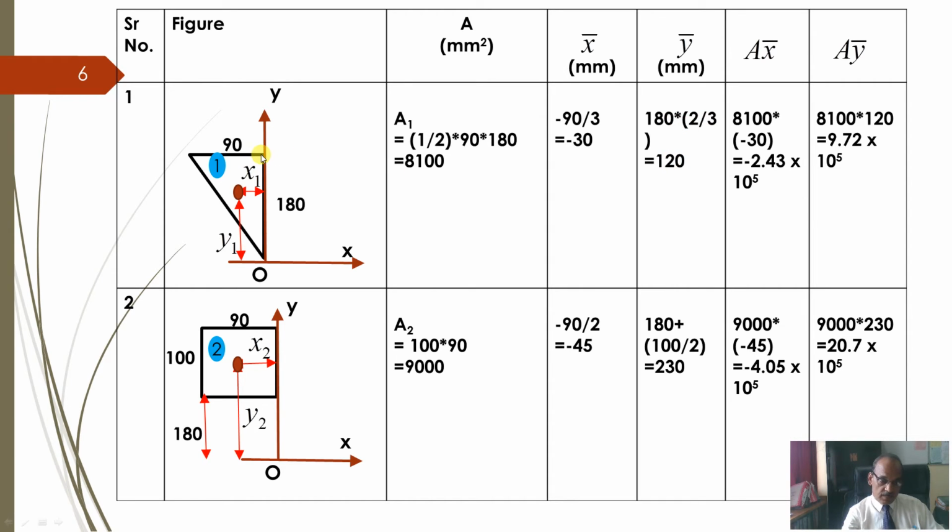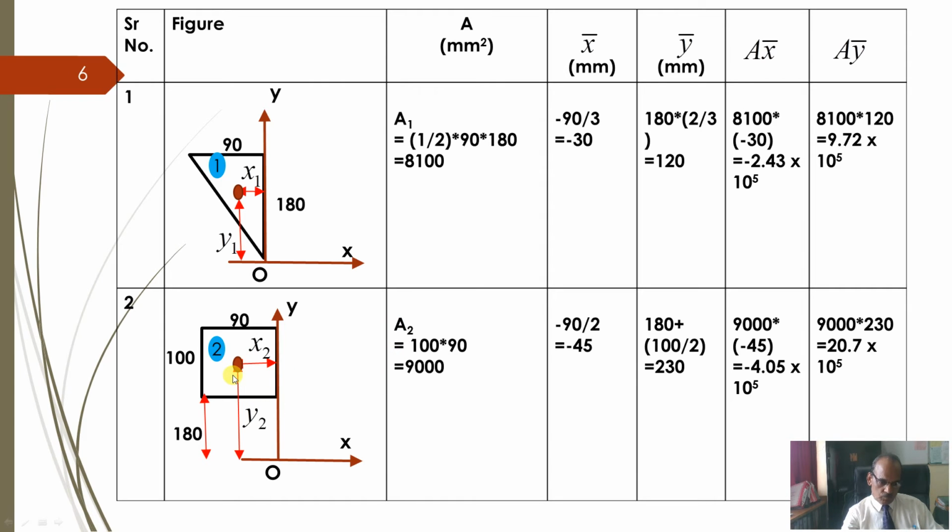For the x coordinate, you see this is the centroid, so 1/3 of 90, but it lies on the negative x-axis, and that's why minus 90 by 3, so minus 30 is the x coordinate. Now you can write a1 x1 and a1 y1 here.